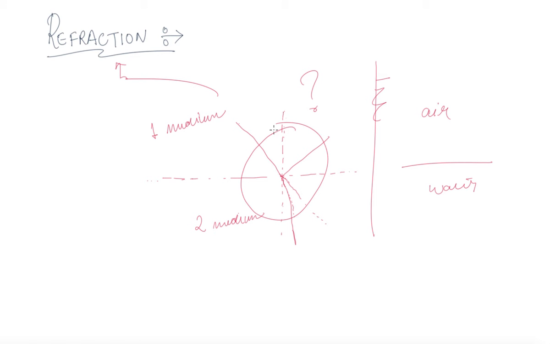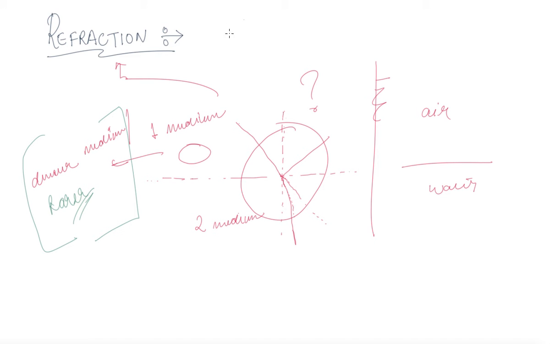Now, why does it happen? What you can observe is that, say suppose this is a denser medium, or this may be a rarer medium. Now that is optical density. We are talking about optical density and not the volume density. When we talk about optical density, there is another thing which comes in: the speed of light.